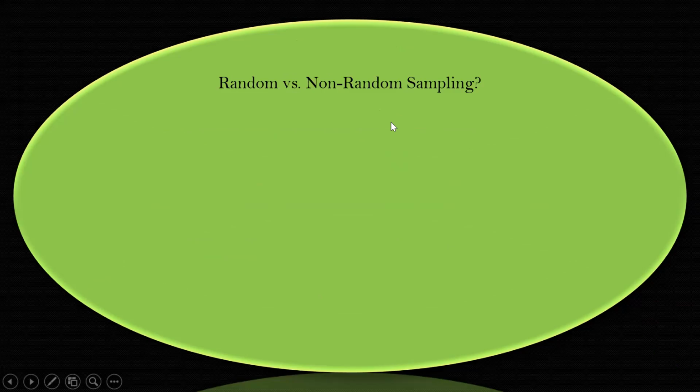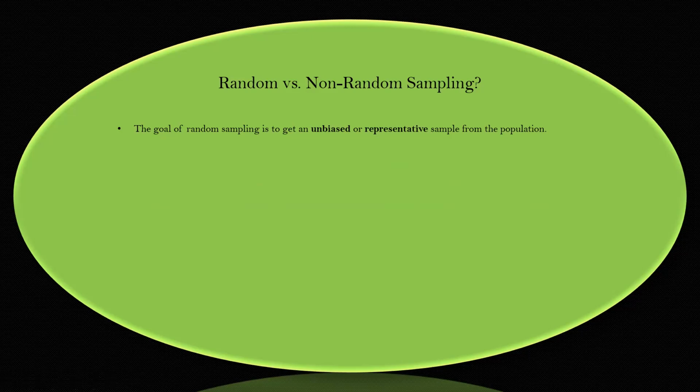So what are the different types of random? Actually, in this case, what's the difference between a random and a non-random sample, or a probability versus a non-probability sample? In both cases, you're trying to get a sample, but the goal of random sampling is to get an unbiased or a representative sample from the population.